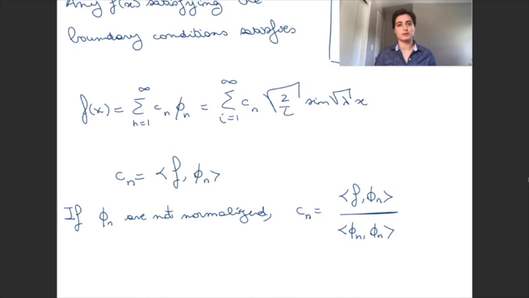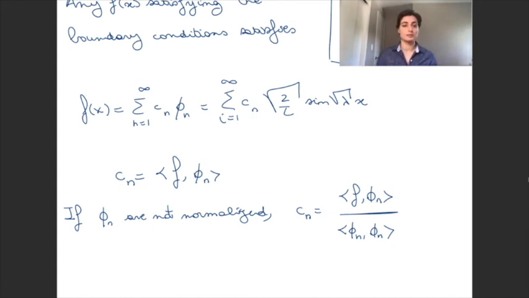Any f satisfying the boundary conditions can be written as an infinite sum for n going from 1 to infinity of Cn times phi n. That is an infinite sum of Cn times square root of 2 over L times sine of square root lambda times x. So this is the application of what we have seen just before on this sine expansion, where Cn can be defined as the inner product of f and phi n.